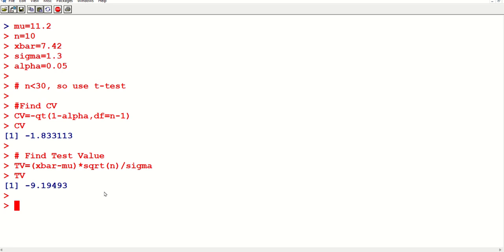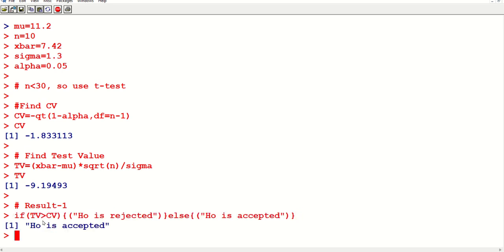Now you need to compare. What is this? Result 1. Result 1 is based on the critical value and the test value. So how to do it? So just calculate this. So H naught is accepted in this case. Why H naught is, oh, this is wrong. Why is this wrong? Because this condition is for plus. We need to write the condition for minus.